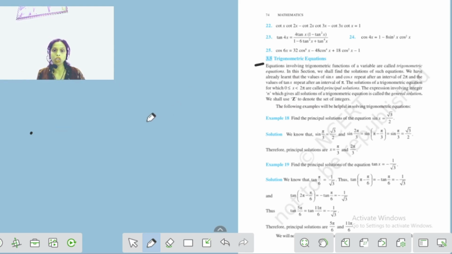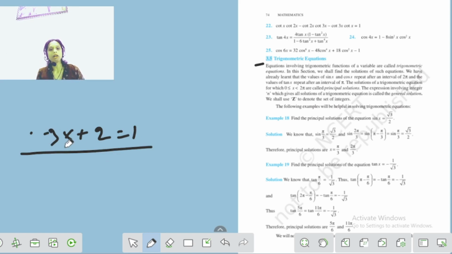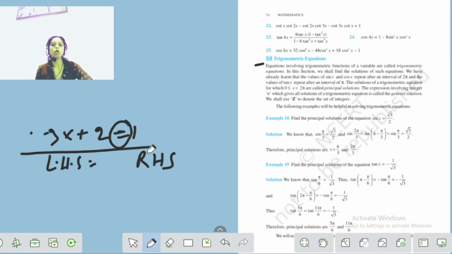For example, 3x plus 2 is equal to 1. Here you are equating variables and a constant with the sign of equal. This is called the equation, this is called the LHS and this is the RHS. That is the notion of the equation.